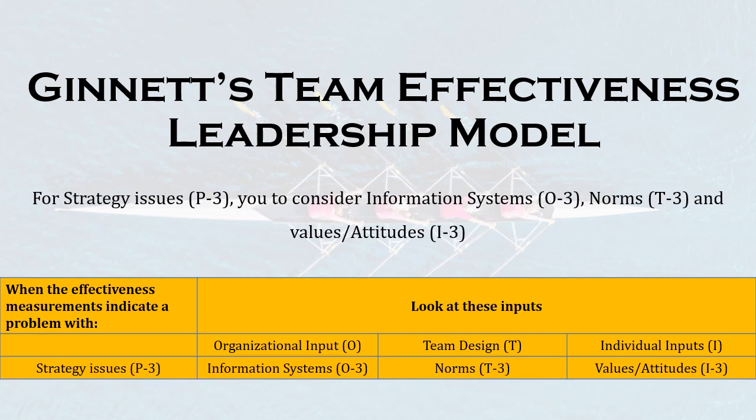When you go to the next criteria, if you find there is an issue with the strategy, then at the organizational level you have to consider the third criteria, that is the information system in organizational inputs.